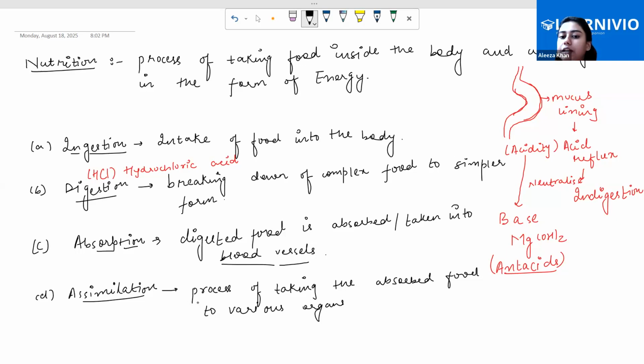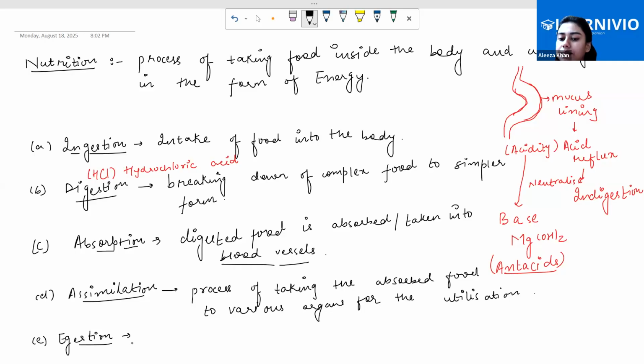That is after assimilation. Once the absorbed food is taken to various organs for utilization, that is known as assimilation. And the last one, as you said, is egestion. Egestion is also known as excretion.